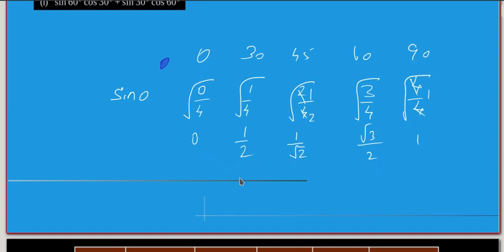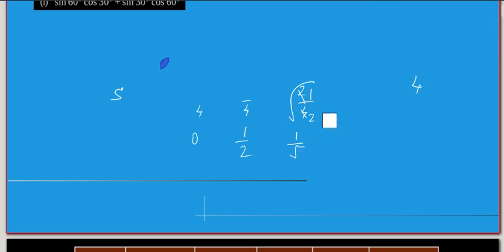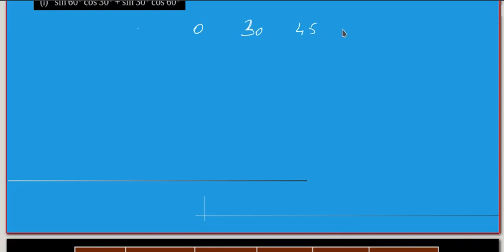So how do we get all the values from sine? First let me take the sine values for the angles 0 degree, 30 degree, 45 degree, 60 degree and 90 degree.